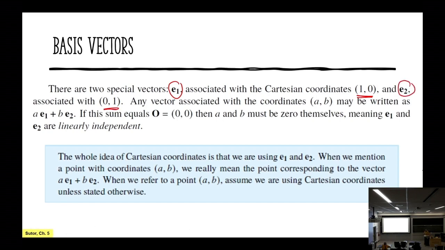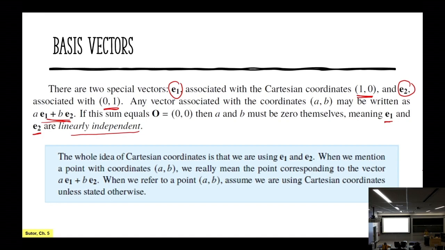Any vector associated with the coordinates a, b can be written as a sum of those unit vectors, E1 and E2. If the sum equals 0, then a and b must be 0 themselves, meaning that E1 and E2 are linearly independent.